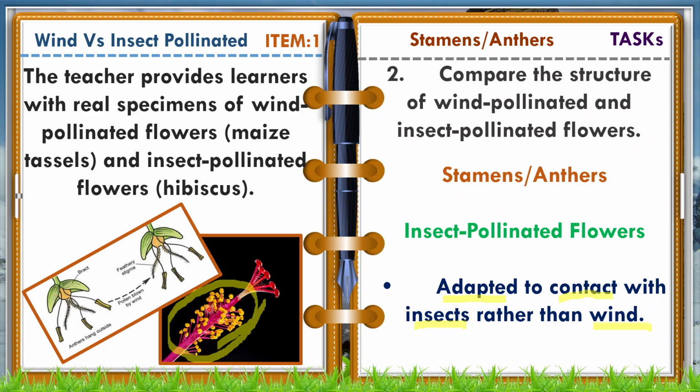That adaptation of sticking and having spikes is for contact with the insect so that it can attach itself on the insect rather than wind. So it is not facilitated to be moved by wind, but the adaptations are for attachment onto the insect so that it can be transported.